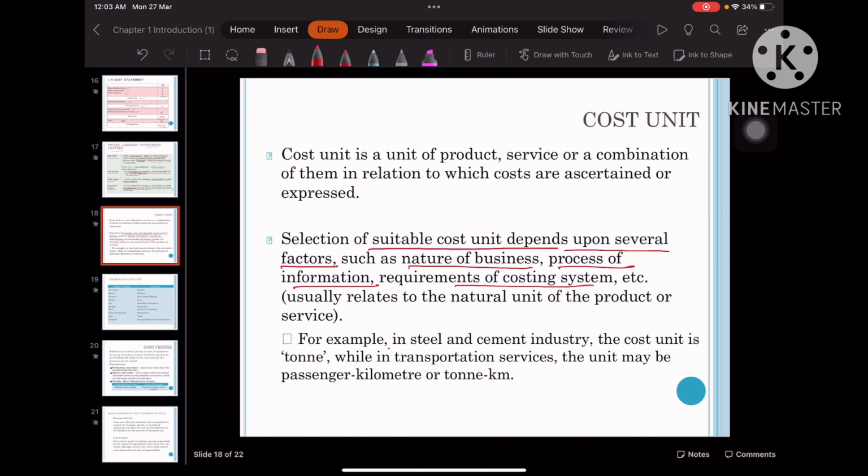For example, in the steel and cement industry, the cost unit will be the ton. For transportation, the unit of measurement is passenger per kilometer. That is how the bus ticket will be charged to you. Of course, when the travel is more kilometers, the price of the bus ticket will be higher.